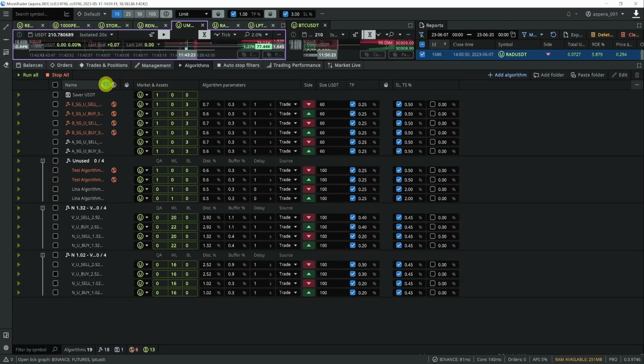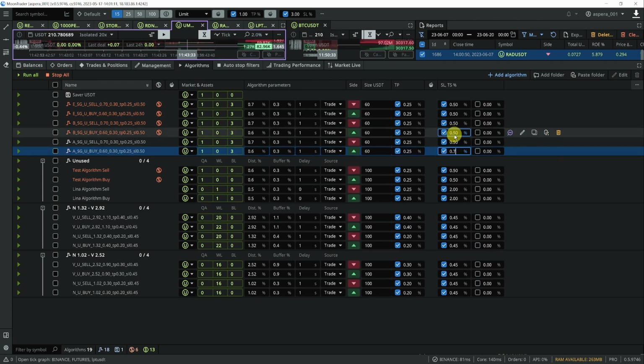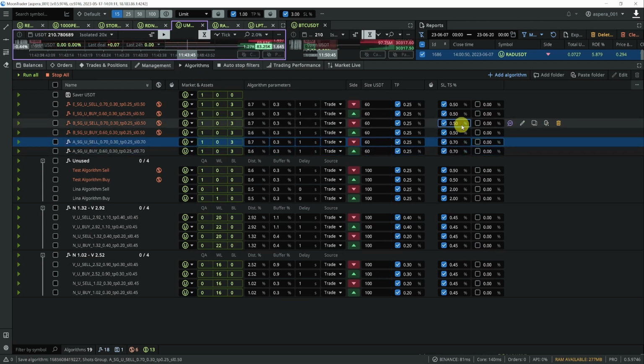So here are my algorithms, and the thing to do is to change this. Alright, that's changed. You can see that my order size is increased to 60. I thought, why not? It's more fun to see in the reports 15 cents instead of 7 on a take. If we lose, we're not losing too much. Let's start.